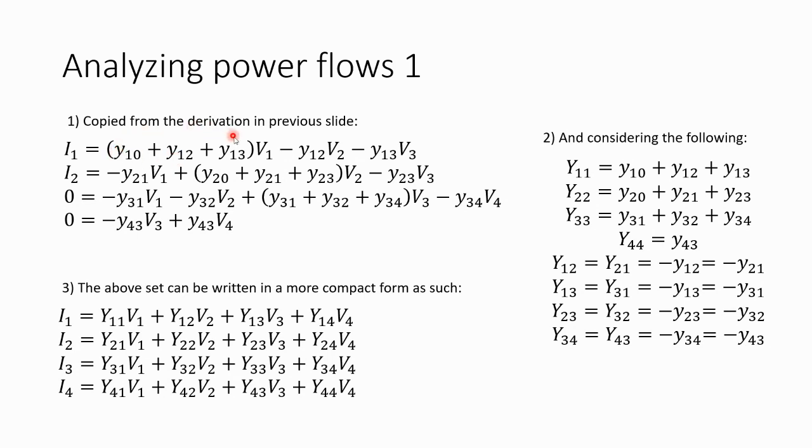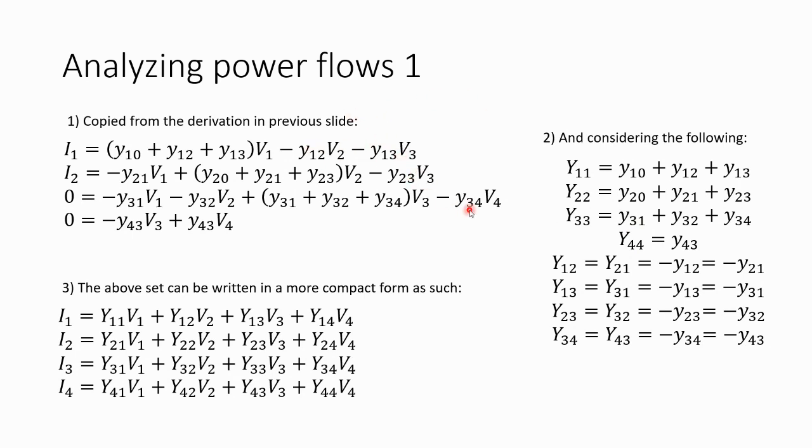If you look at bus 1, the summation of all the admittances that are connected to bus 1 is this. If you look at bus 2, the summation of all the admittances connected to bus 2 is this. If you look at bus 4, the summation of all the admittances connected to bus 4 is only this single term. So we define this as the self-admittance: Y11 for bus 1, Y22 for bus 2, Y33, and Y44.